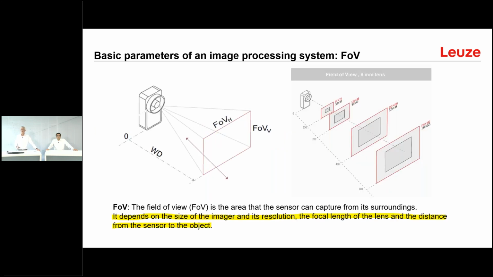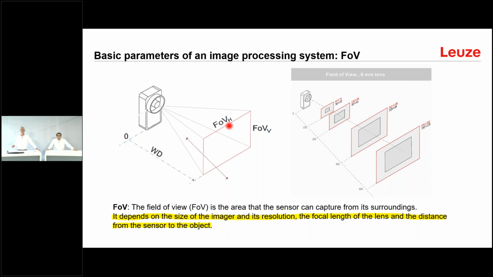This is shown here. We have the field of view, and the field of view always has two different values: a horizontal field of view and a vertical field of view. For example, if the camera is aligned like you see here, then this is the horizontal field of view and the vertical field of view.